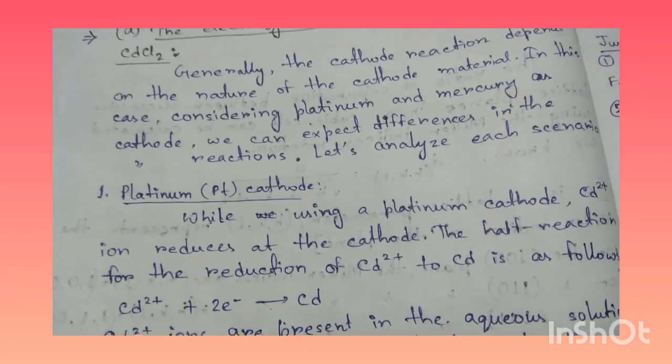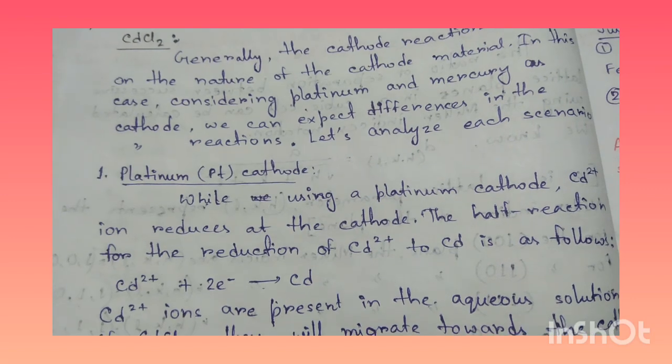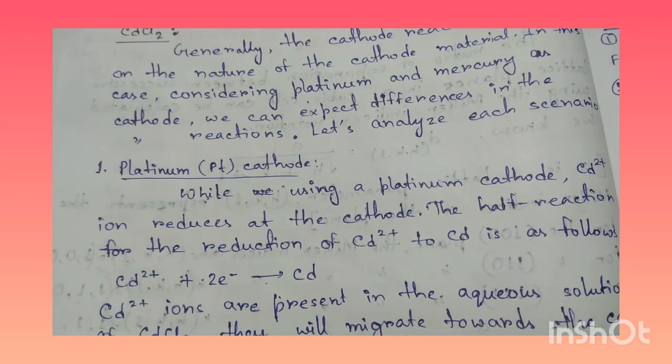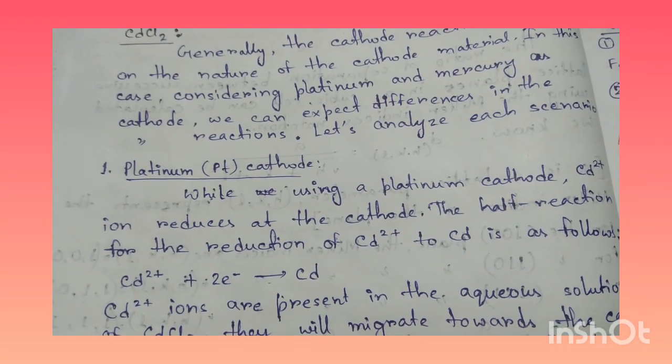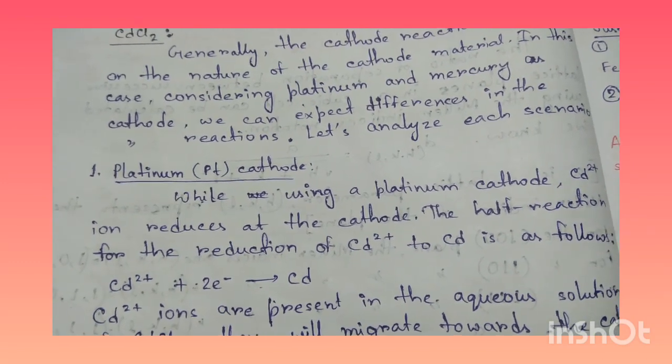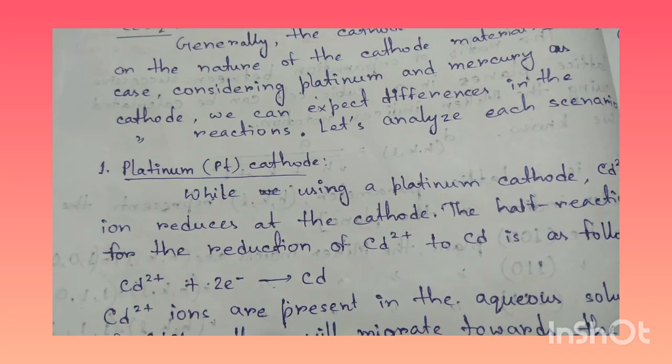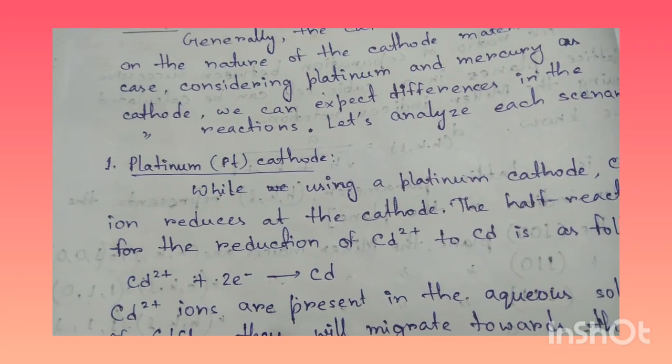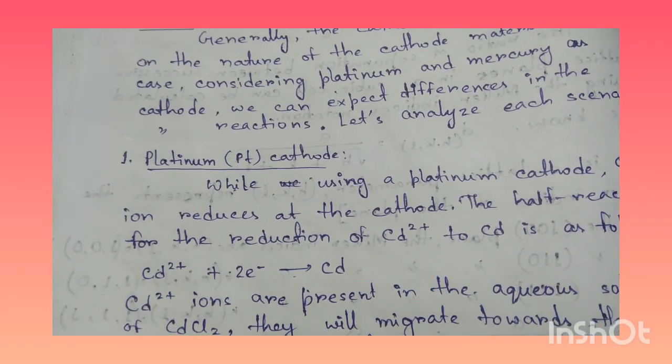Number 1. Platinum cathode. While using a platinum cathode, Cd2+ ion reduces at the cathode. The half reaction for the reduction of Cd2+ to Cd is as follows. Cd2+ + 2e- gives Cd, cadmium.